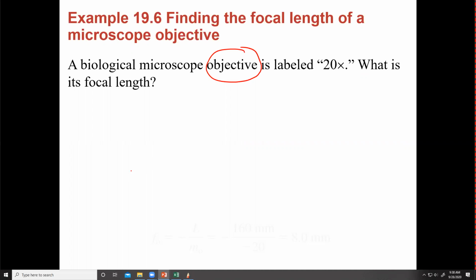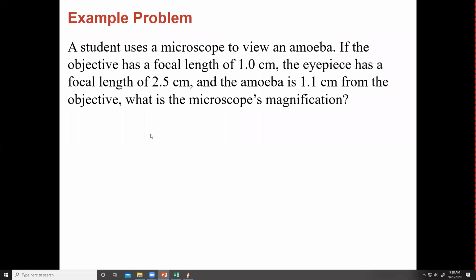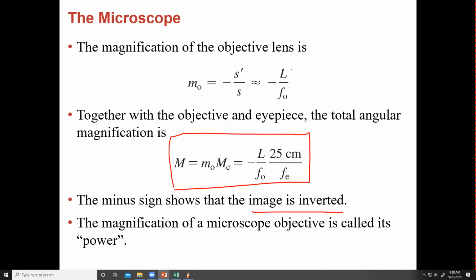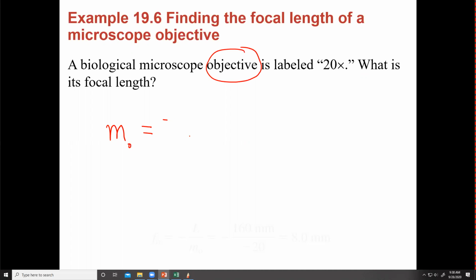So the magnification of objective is minus L over F naught, and magnification is 20 times.